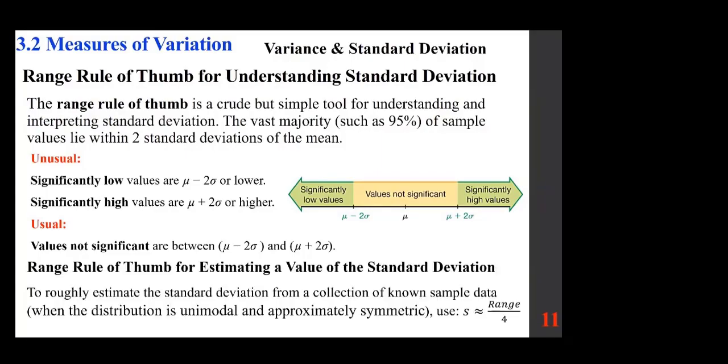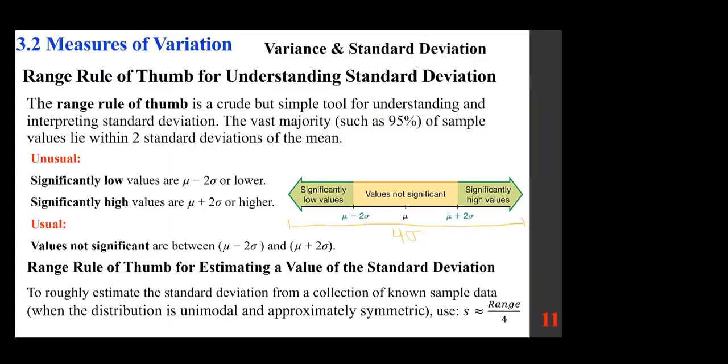To roughly estimate the standard deviation from a collection of known sample data when the distribution is unimodal and approximately symmetric, use S is approximately range over 4. This distance from here, if you will, to here is 4 sigma.